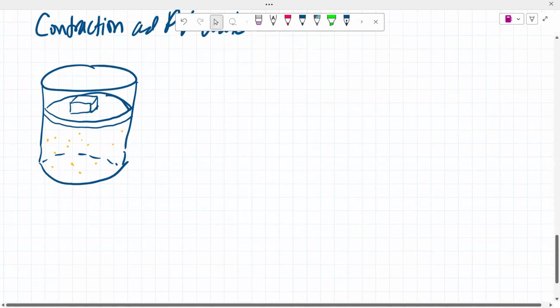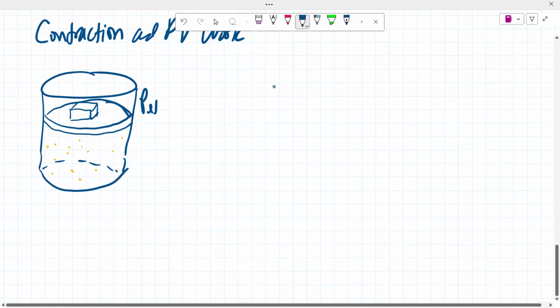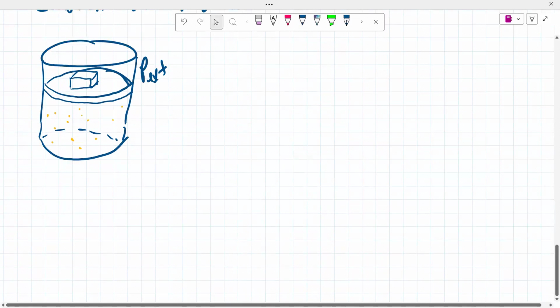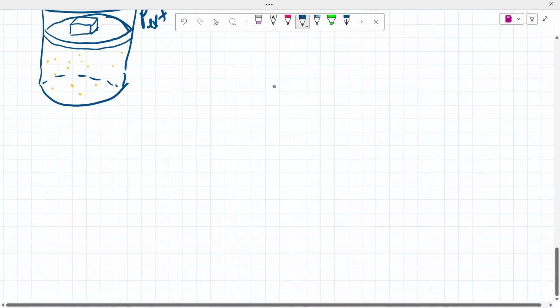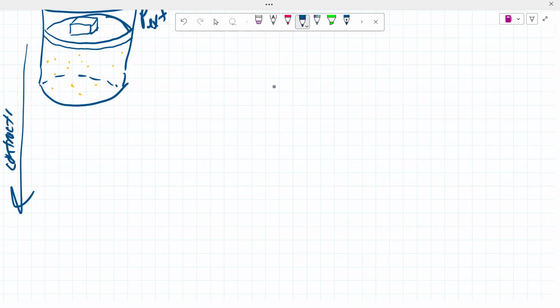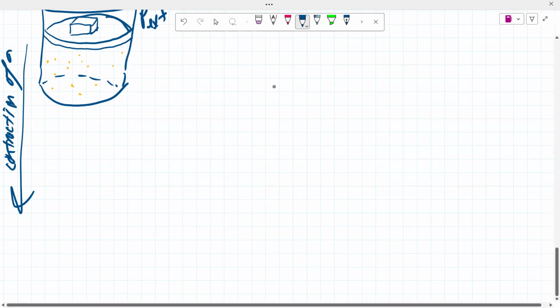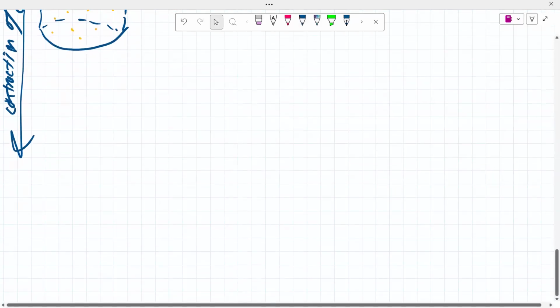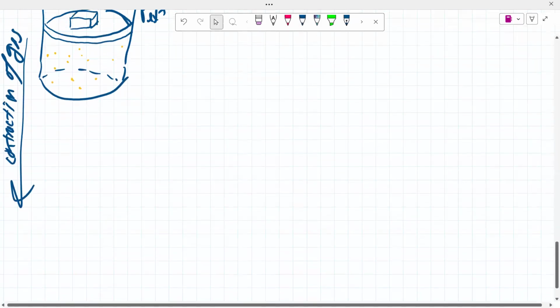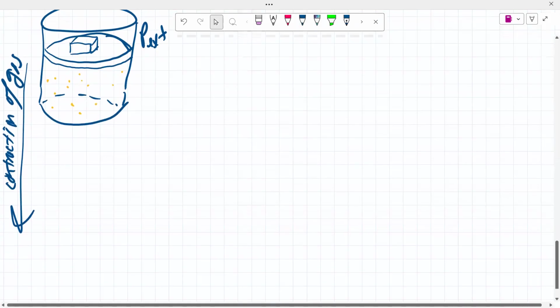We're going to have some P external doing something, and there will be an event happening: a contraction of the gas. And then what's going to be the result? It would be nice if we could have these both on the screen simultaneously.